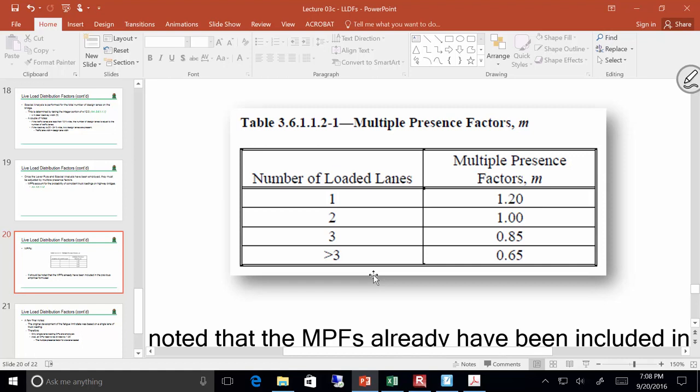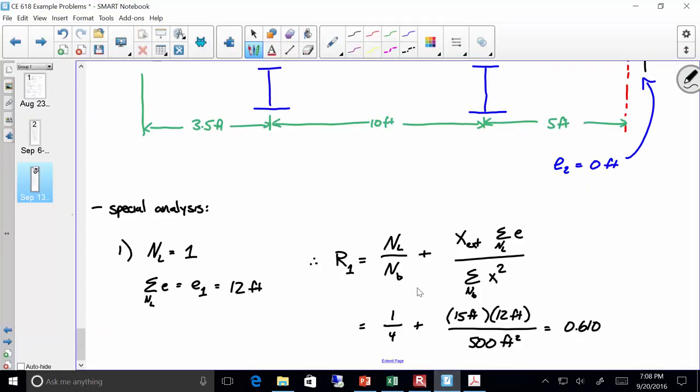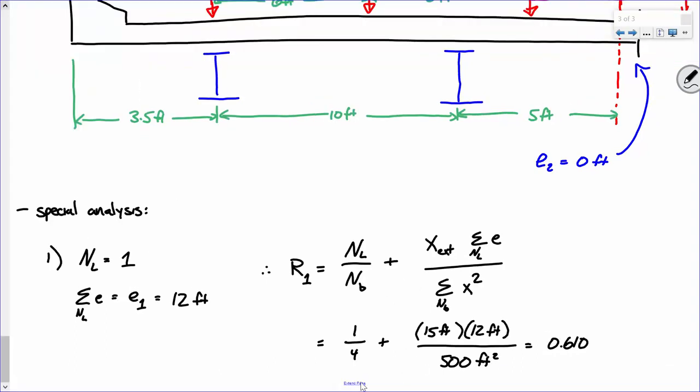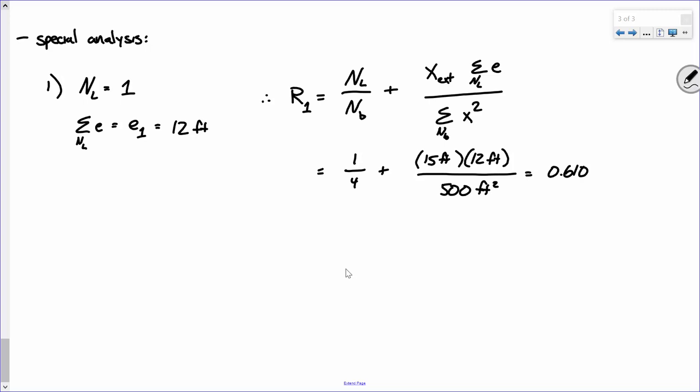Okay. So let me go back here, extend this down a little bit. So here's my reaction from special analysis, the distribution factor. Let's just go ahead and calculate the distribution factor. It's 1.2 times 0.61, and that is what?